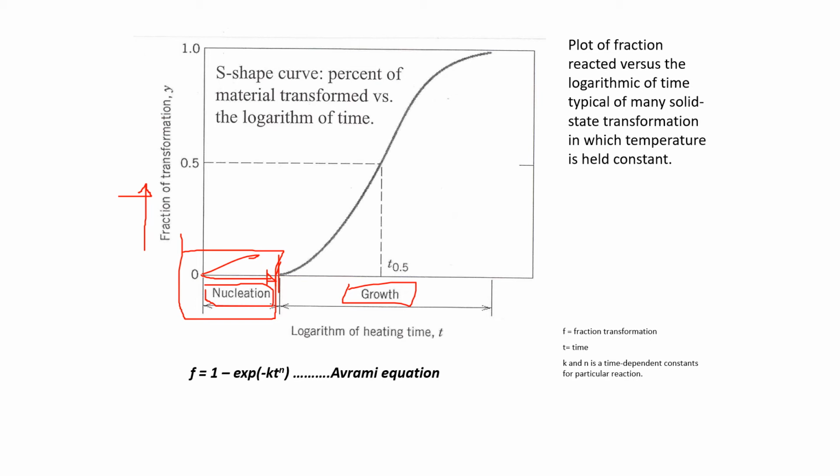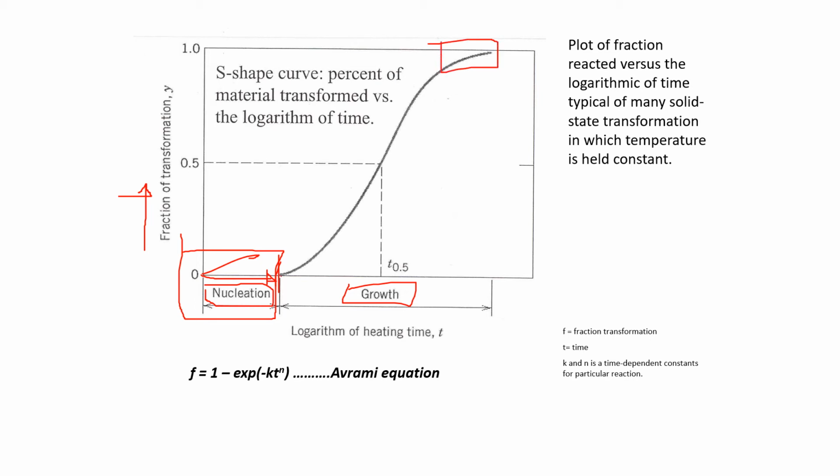That's why the new product is different from the parent phase due to the phase transformation. The transformation reaches completion when the growth of the new phase is complete.